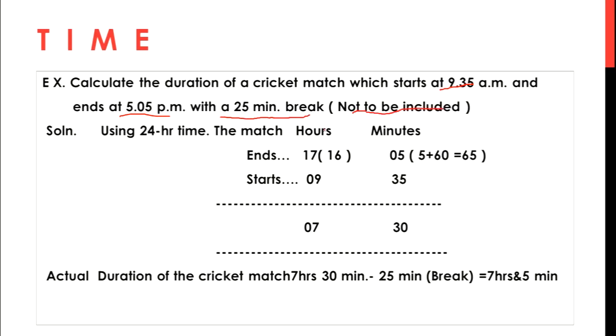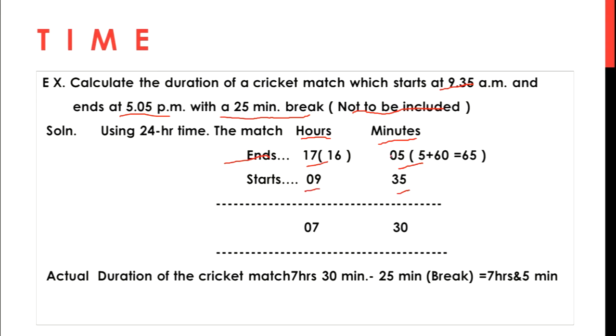Therefore, you have to calculate the actual playing hours in this problem. How do you do it? Write down hours under the hour head and minutes below the minute head. The match ends at 17 hours and 5 minutes, and the match started at 9 hours and 35 minutes.